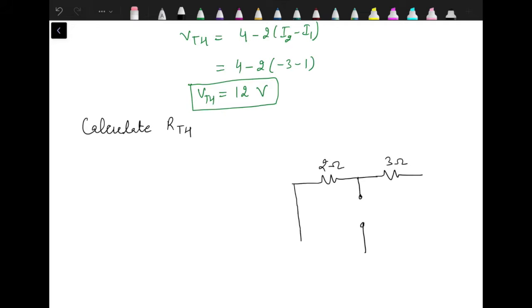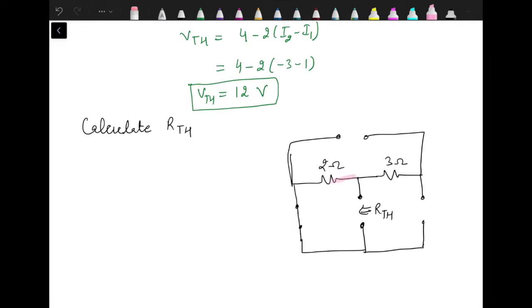Here we have the voltage source of 4 volts which will be replaced by short circuit, 3 ampere current source replaced by open circuit, 1 ampere source again replaced by open circuit. Now what we see is that between terminals A and B we have only one resistance, so we don't need to do any calculation. We have the direct answer of RTH as 2 ohm. 3 ohm resistance is not playing any role for calculating RTH.